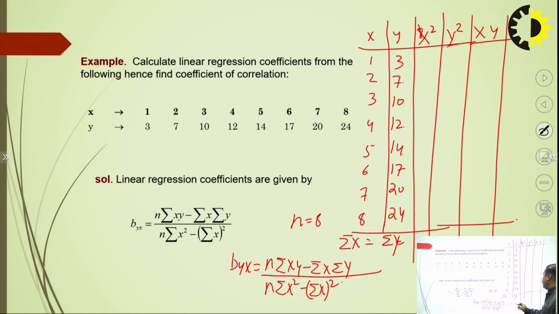And similarly bxy is equal to n summation xy minus summation x summation y upon n summation y square minus summation y whole square. What terms do we need? We need summation x, summation y, summation x square, summation y square, and summation xy from these data of x and y.